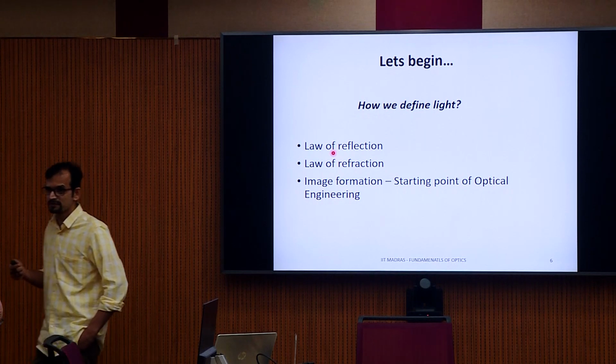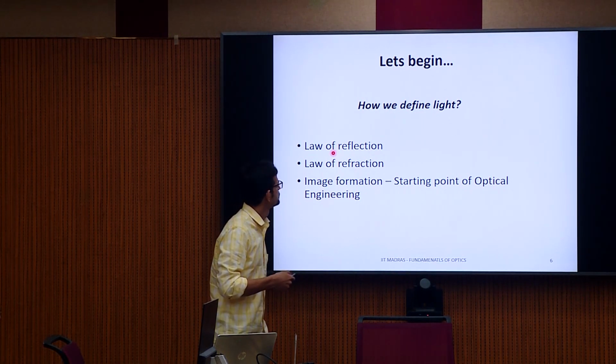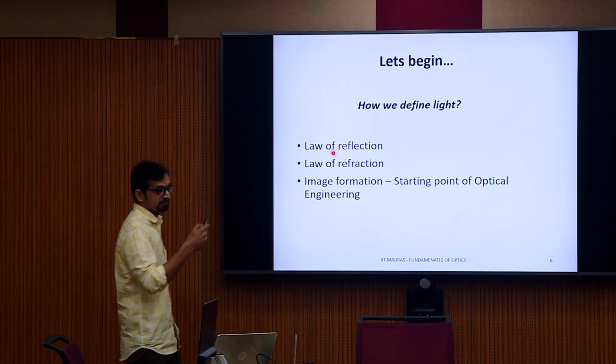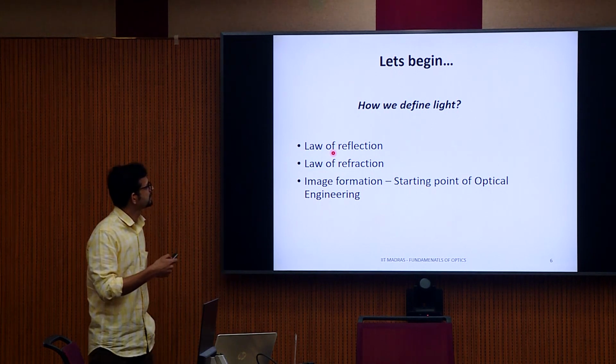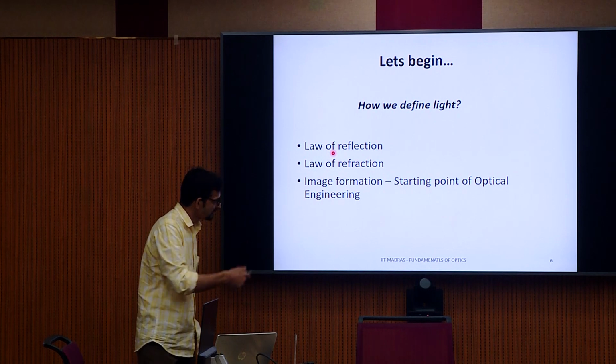Different scenarios to explain its behavior, right? Agree with me? Some feedback will be helpful. Okay, so we defined it, and the basic laws of reflection and refraction I don't want to repeat, and we will start with image formation.